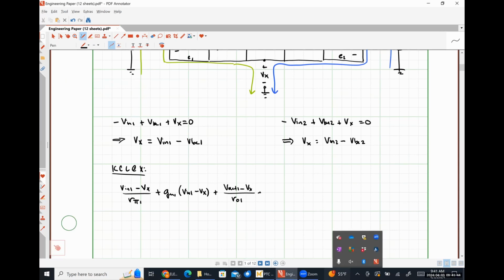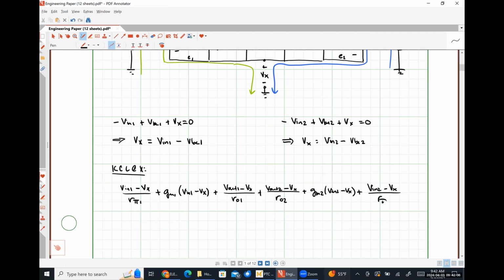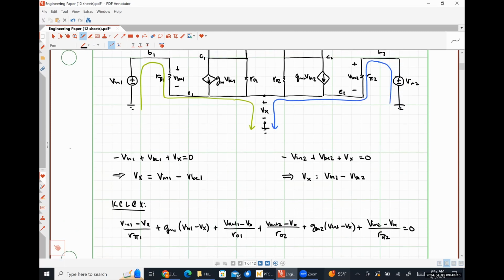So that's going to look like Vout2 minus Vx over R02, plus gm2 times (Vn2 minus Vx), plus (Vn2 minus Vx) over R pi 2, is equal to 0.